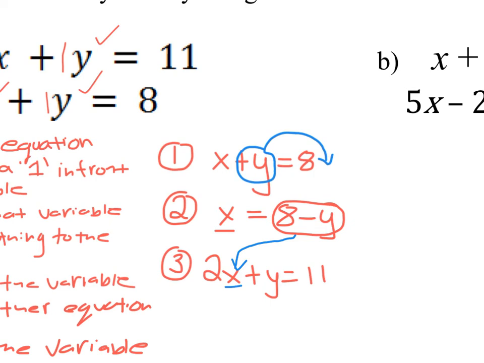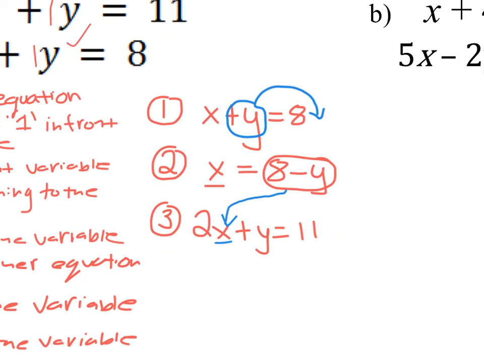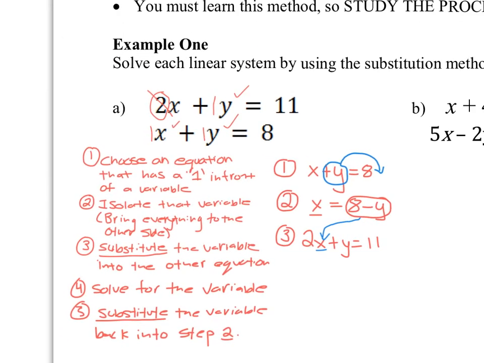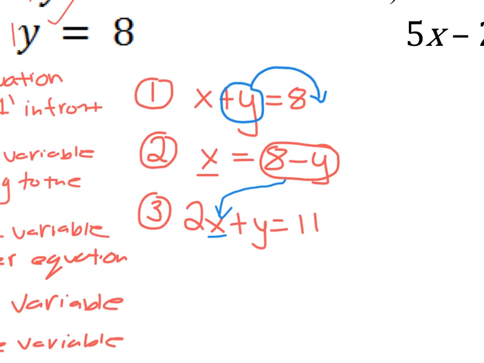When we do that, we have to be very careful. We have to put that 8 minus y in brackets. And there's always going to be some sort of bracket around this substitution. So now, we have to solve by replacing that variable. So step number 4 here is to solve for the variable. What I'm going to be doing is replacing x.